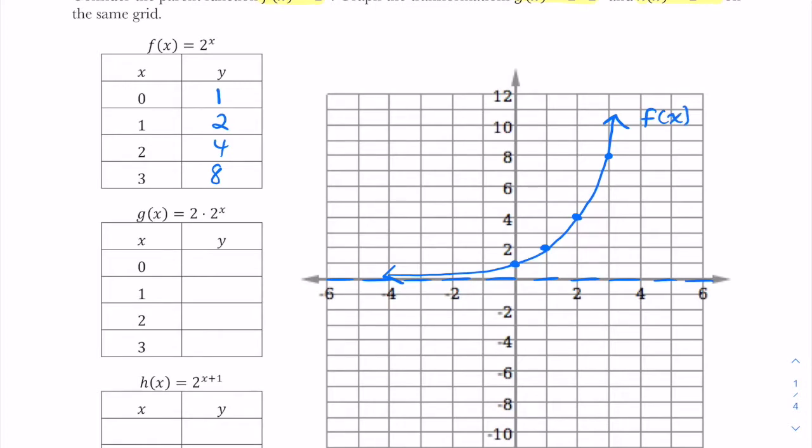For the function g of x, notice in the table I gave you the same x values. We can use our mapping rule here. We have an a value of 2. So to get the new y values, multiply all of the previous ones by 2. Let's do that.